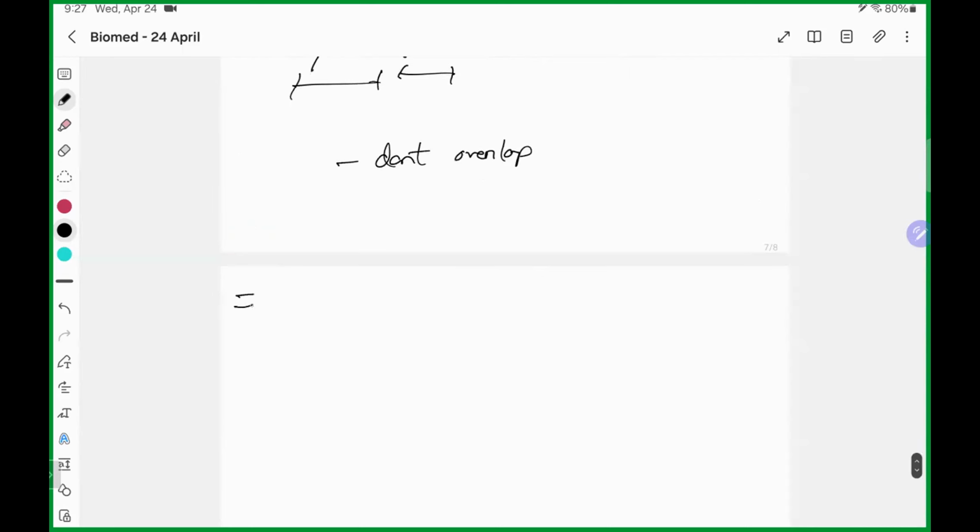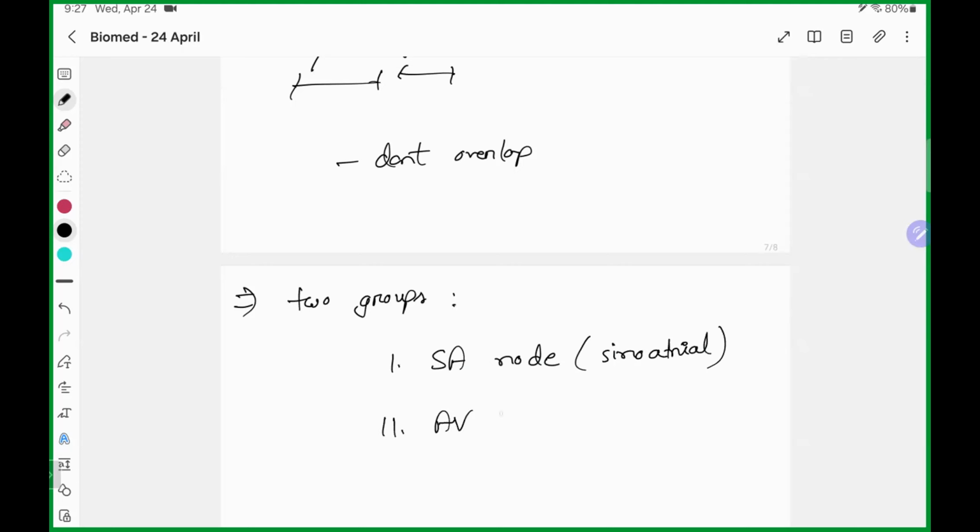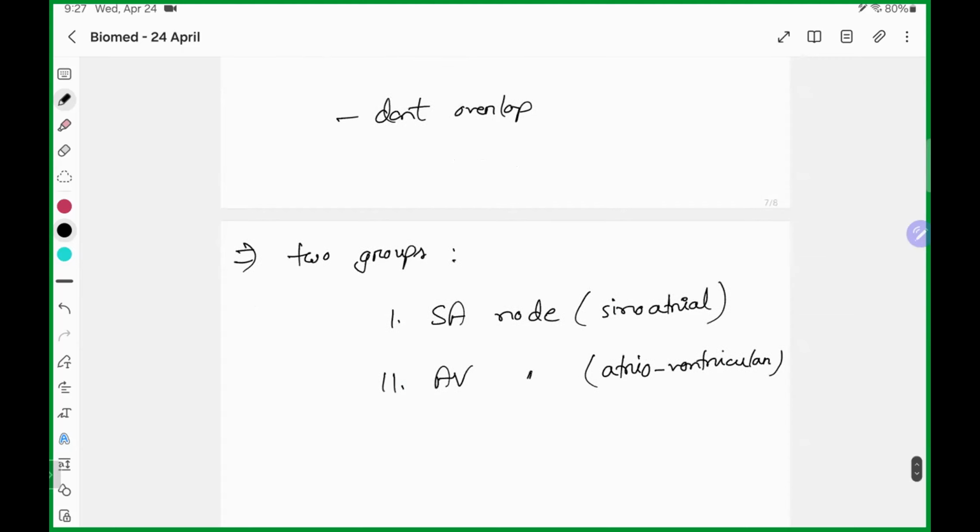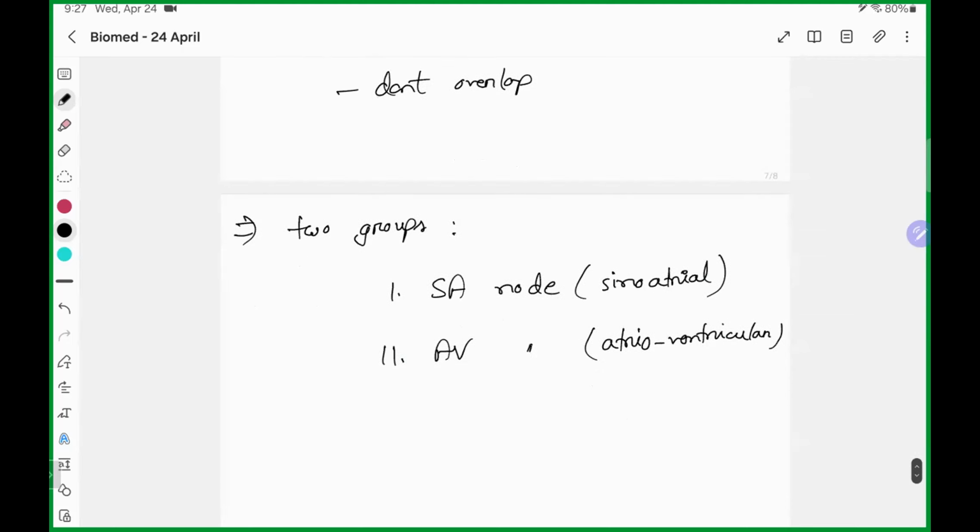Now, this is differentiated by two groups. One is called the SA node, sinoatrial node. Number two, the AV node, which is called atrioventricular. So first we have the SA node and AV node.